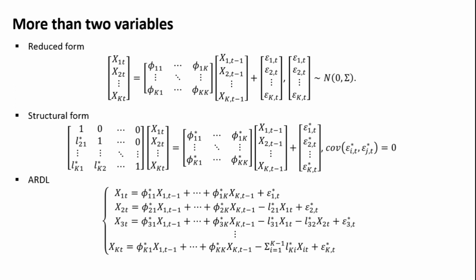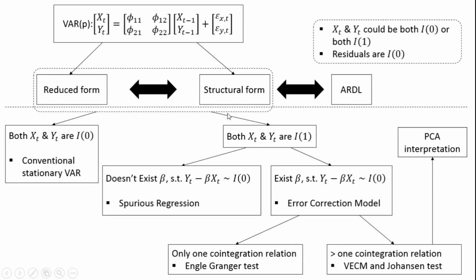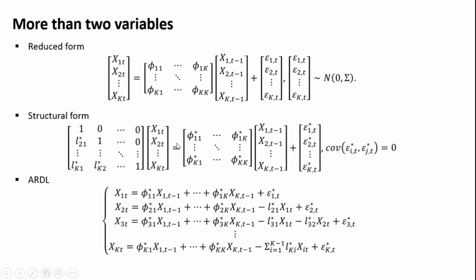So we have a structural form of VAR in which x1 and x2 are integrated of order 1. The structural form of VAR is given on your screen. And in this case, we talk about autoregressive distributed lags in our models.